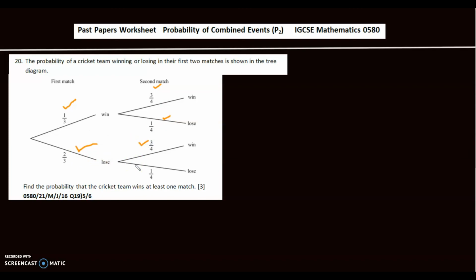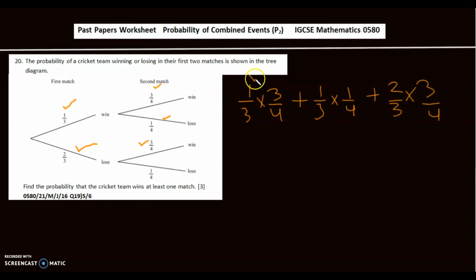So either you do the whole thing, either you do 1 by 3 times 3 by 4 plus 1 by 3 times 1 by 4 plus 2 by 3 times 3 by 4, which is actually, what is this? This is win and then win, or win and lose, or lose and then win.